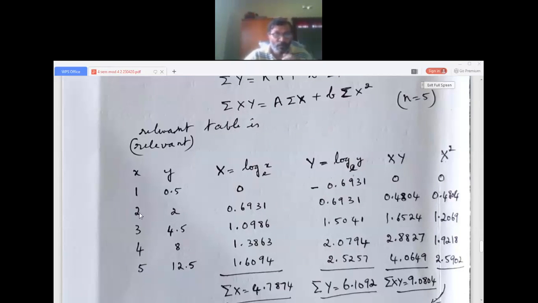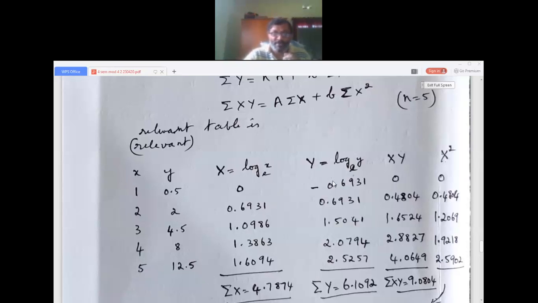Then ln of 2 gives 0.6931. Different calculators may vary. ln of 3 gives 1.0986, ln of 4 gives 1.3863, and ln of 5 gives 1.6094. Then we find sigma X, which is the total of these.